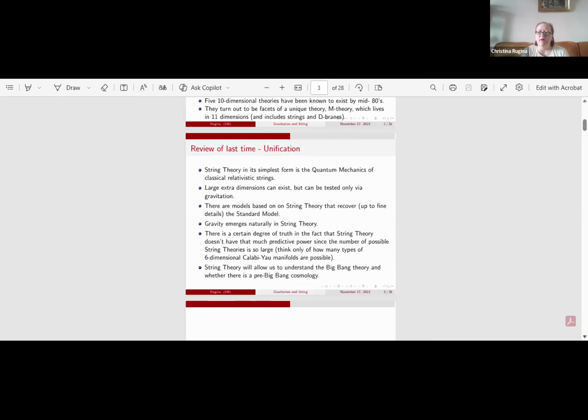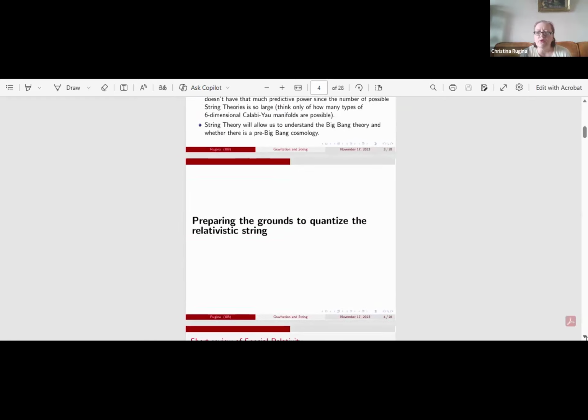So we need more string theory to derive those details. Anyway, that's from last time, and now we will turn to the next part.